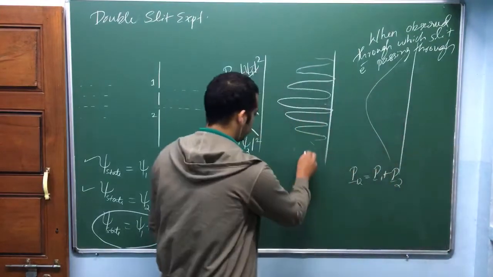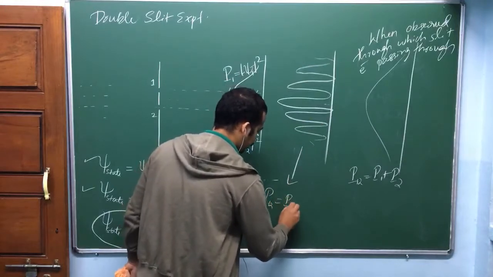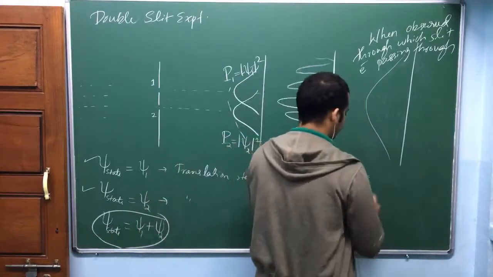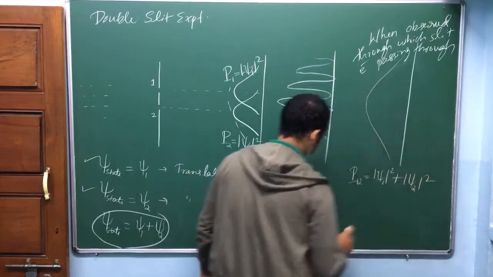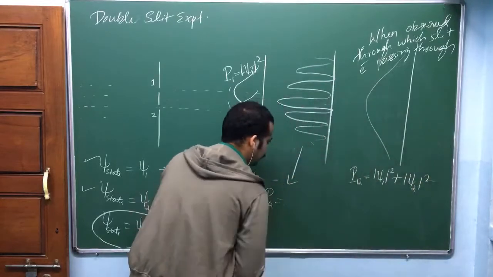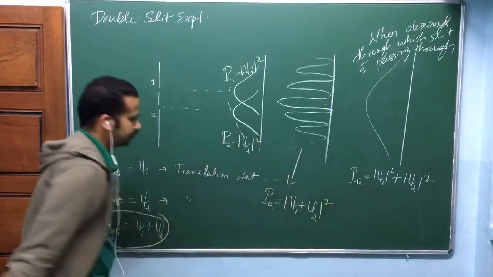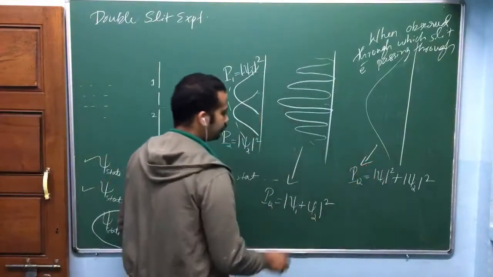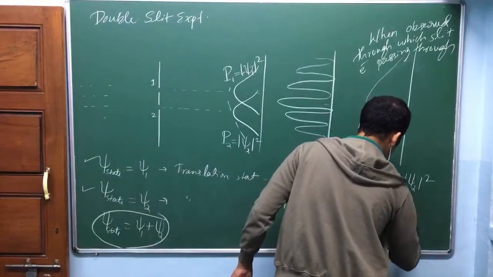In this case, P12 is equal to P1 plus P2, or I better write it like this: mod psi 1 square plus mod psi 2 square. In the unobserved case, it was mod of psi 1 plus psi 2, the whole square. Now it is just the merging of these two patterns, that's equal to P1 plus P2.